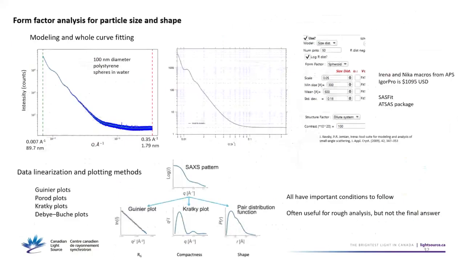Yeah, this Irena macro package can transform your intensity over Q to a pair distribution function, and you can learn about shape that way. But apparently there are other packages. I'm just not familiar with them, but I know they exist. But this one definitely will. You can take your one-dimensional plot, click a button, and it'll spit that out right away. You don't have to do it on your own in Excel or something.